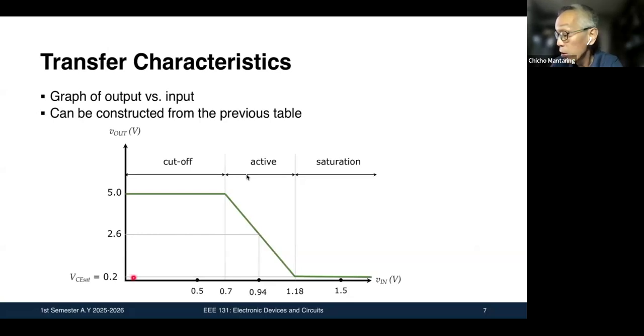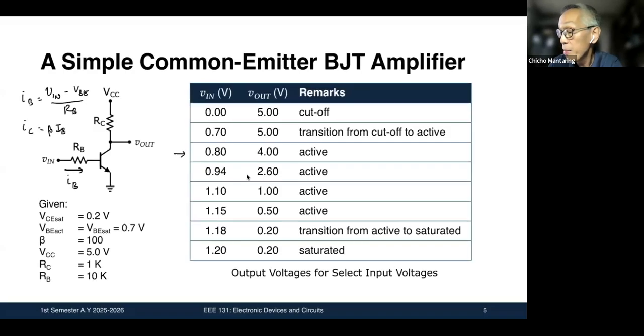Note that when your input, V in, is anywhere from 0 all the way to 0.7, your transistor is just cut off, and the output is just equal to VCC, which is 5 volts. As soon as your input exceeds 0.7, your output will start linearly decreasing. Remember, at 0.8, it becomes 4. At 0.94, it becomes 2.6. At 1.1, it becomes 1.